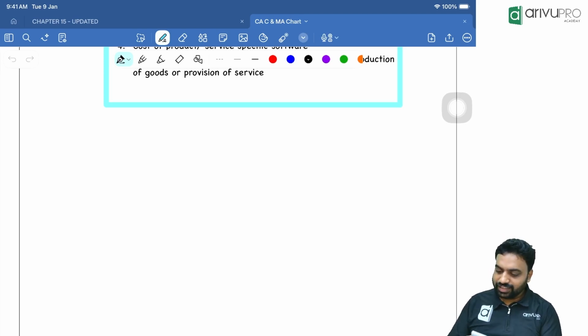We discussed it on day one. Indirect expenses, right? That is your indirect material, indirect labor, indirect expense, together we call it overheads.